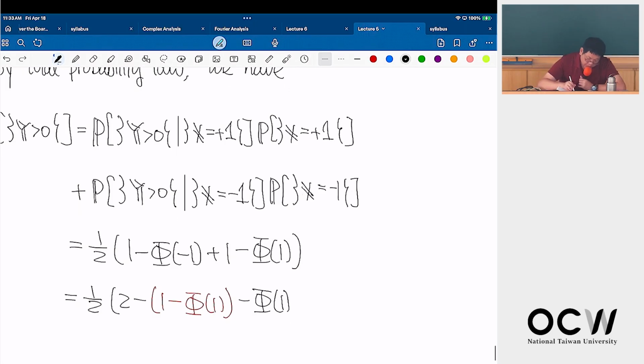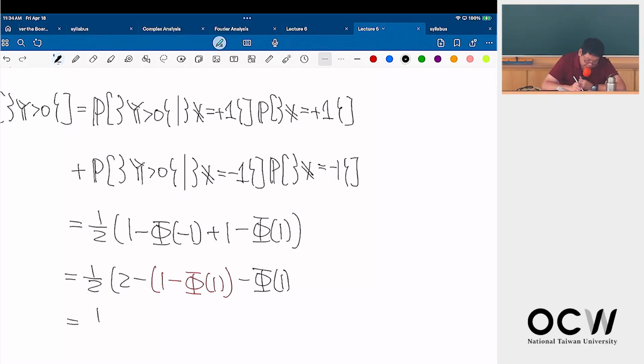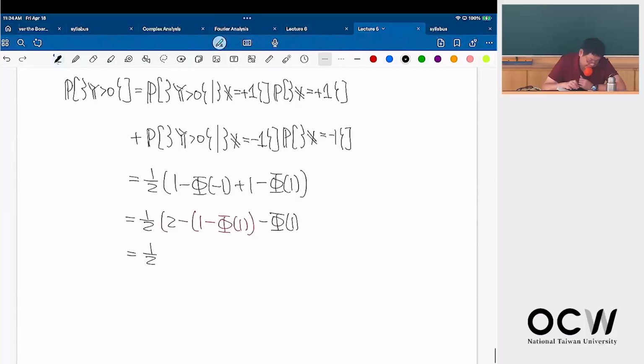So you'll see that the probability of y greater than 0 is actually 1/2. So here we should say that x is 1 is more likely.